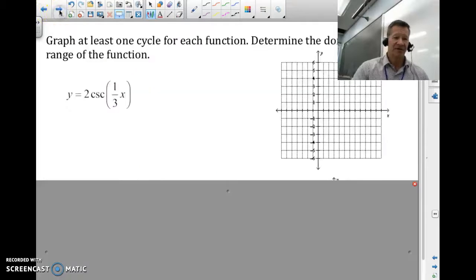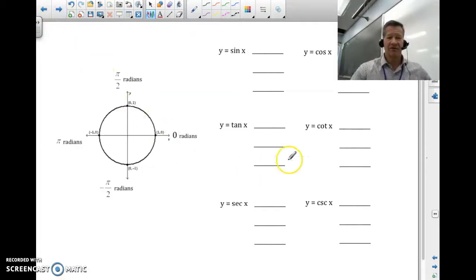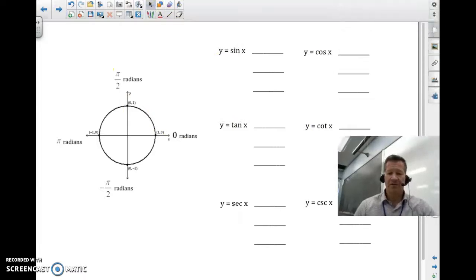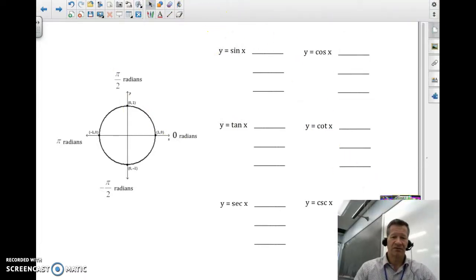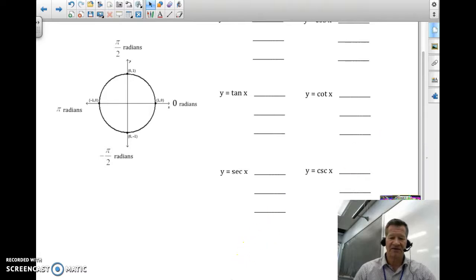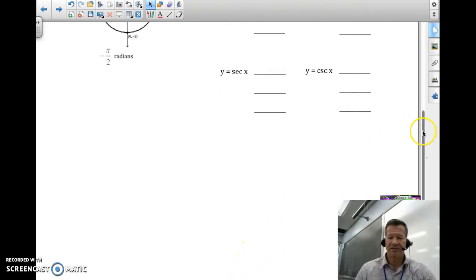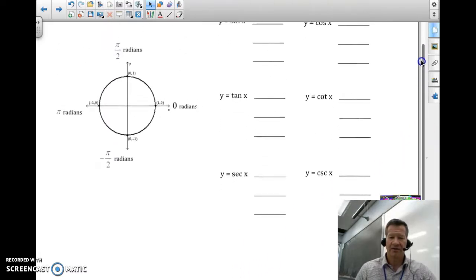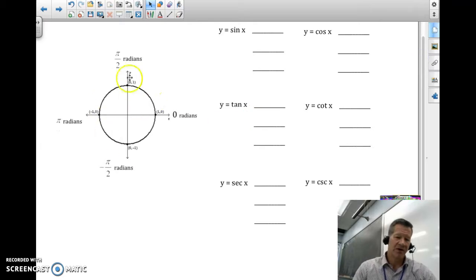Now I'm going to skip a couple pages here, and I want to show you a little graphic here. I discussed this with sine and cosine, but I want to do it with the rest also. So one of the problems you may find yourself having is when you're graphing these functions, what points am I going to start out with? Well, remember, if you just draw a picture of a unit circle on your paper, you'll get used to this, okay?